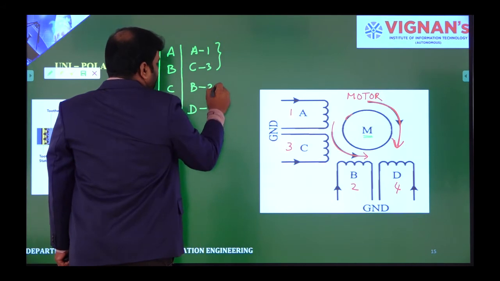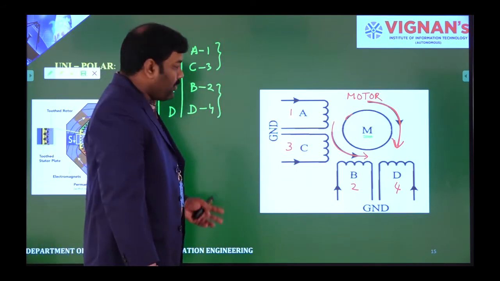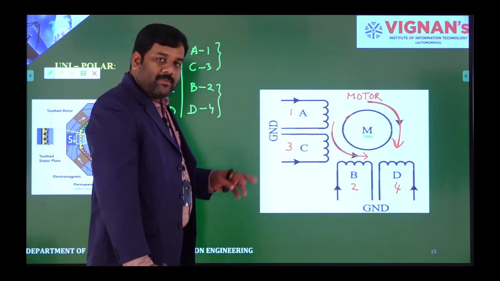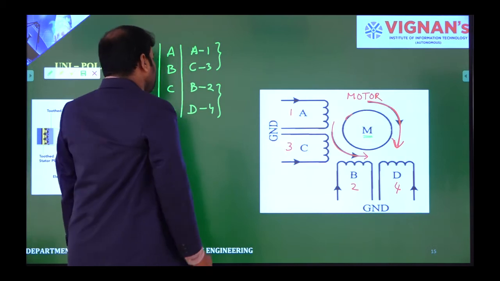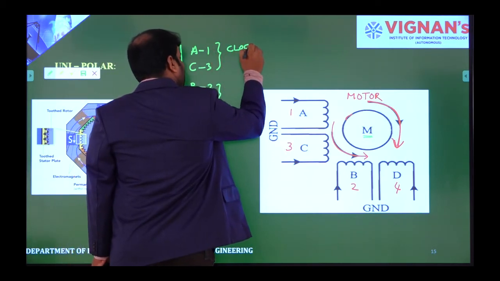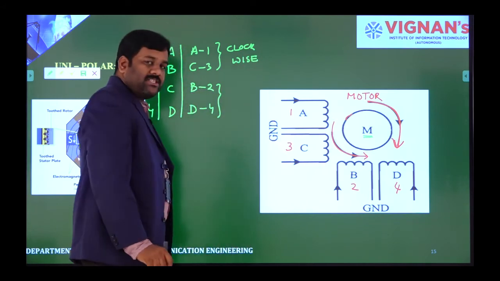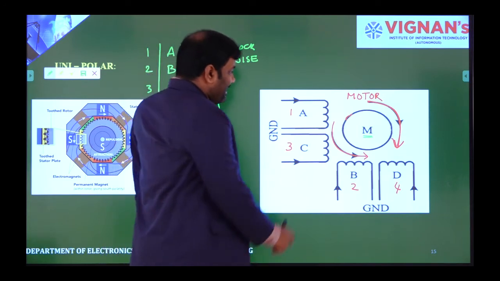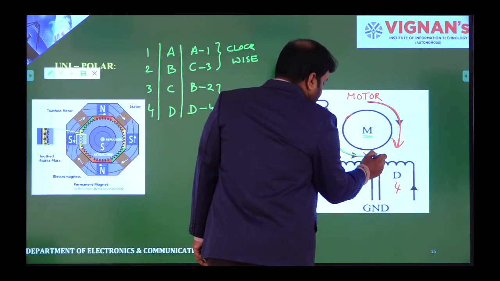How 1 and 3 and 2 and 4 are going to operate, based on that only the motor is rotating either in clockwise or anti-clockwise direction. For example, A and C both are energizing in clockwise direction, then the motor is rotating in anti-clockwise direction.